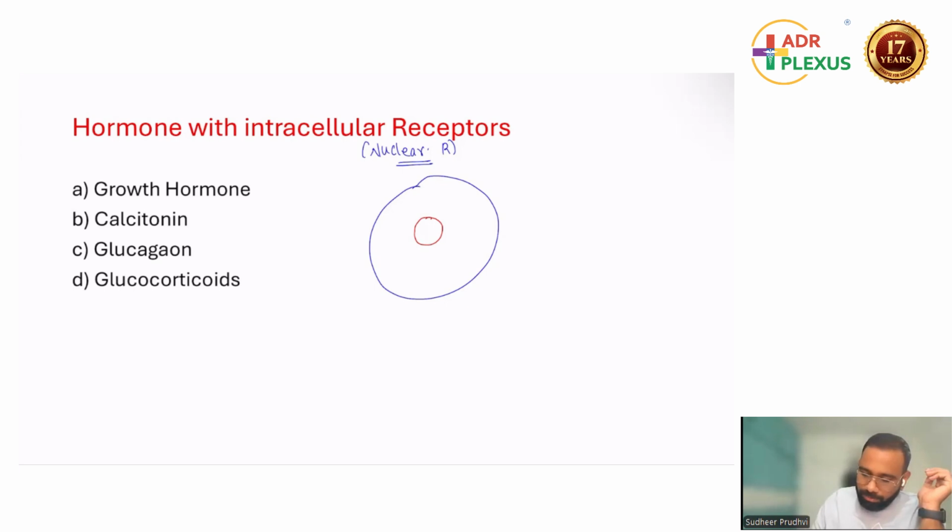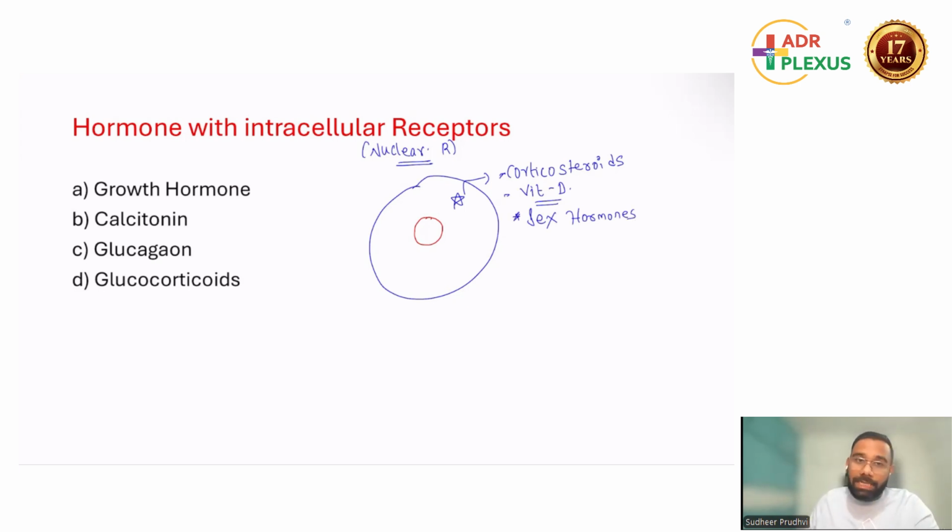So now let's talk about the receptors present in the cytoplasm. Examples are corticosteroids and vitamin D. These two, corticosteroids, vitamin D, and the sex hormones. These three receptors are located in the cytoplasm.